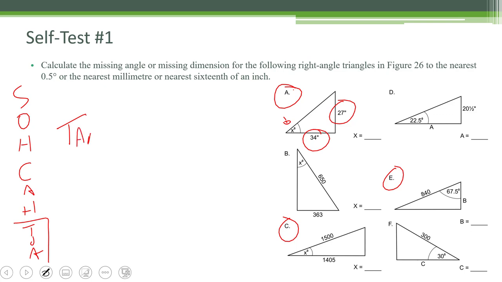So it's the tan of x is equal to the opposite, 27 inches, over the adjacent, which is 34. So you just go 27 divided by 38 equals shift tan. You should get 35.4 degrees.